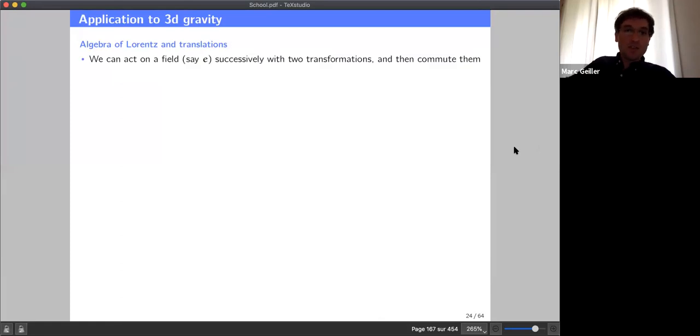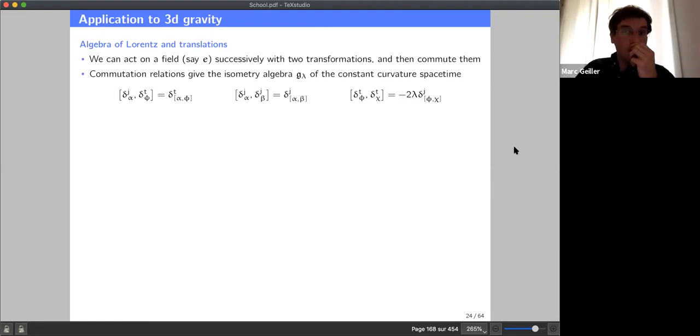So what we can do, of course, is pick a field. Say you take the triad E or the connection. You can act successively with 2 transformations, and then you can commute the 2 transformations. So by doing so, you're just computing essentially the commutator of these 2 transformations. But if you do this, you will find commutation relations, which are given here.